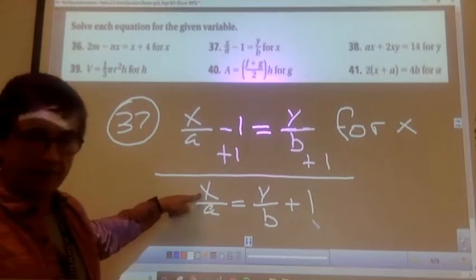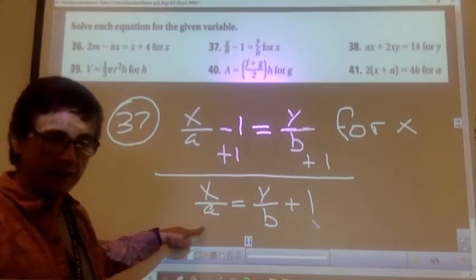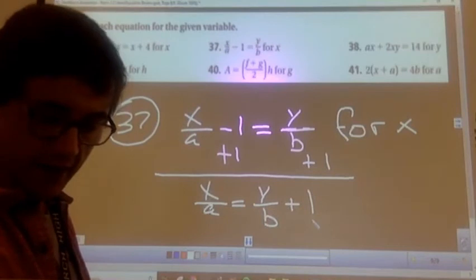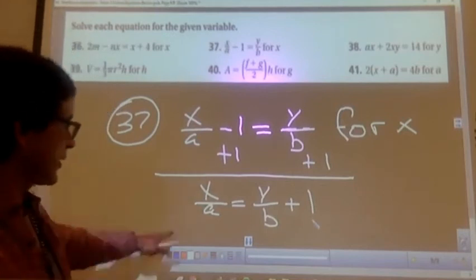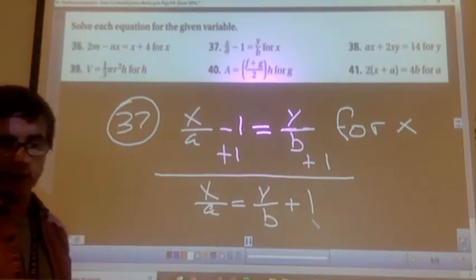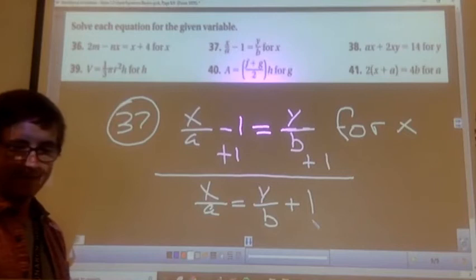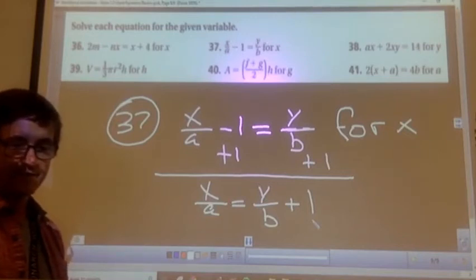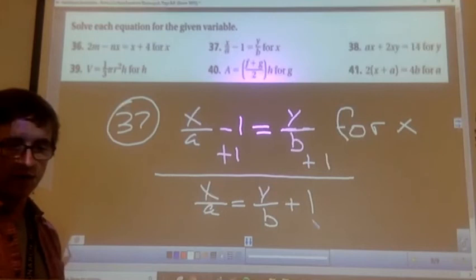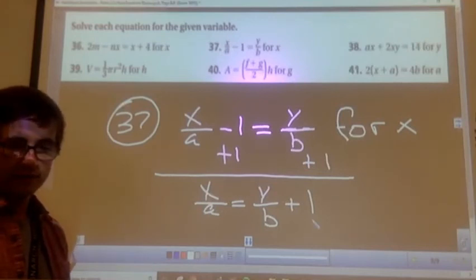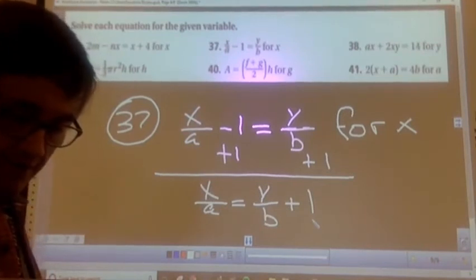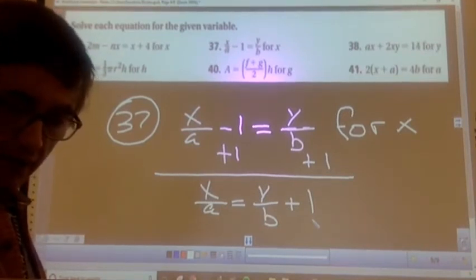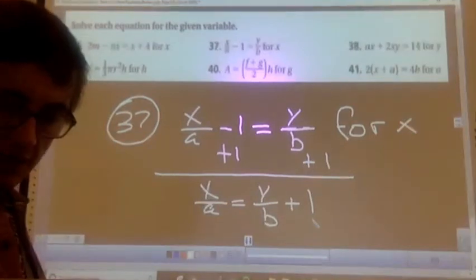And then I look here, I've got the x, divide by a is in the way. What do I do to get rid of divide by a? How about Maya? How do I get rid of divide by a? What's the opposite of divide by a? Let's go with Banyan.